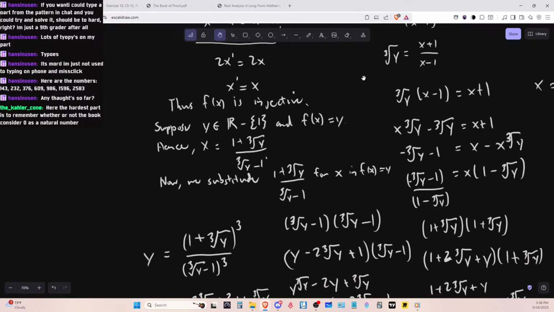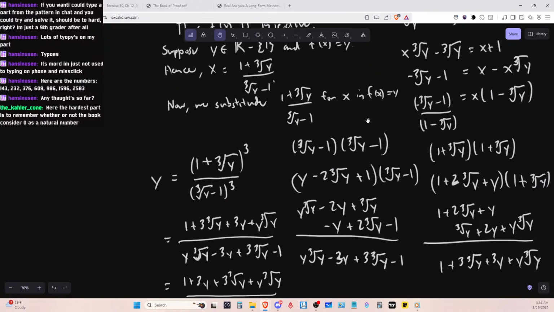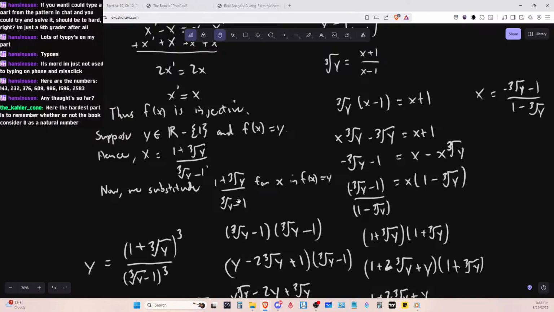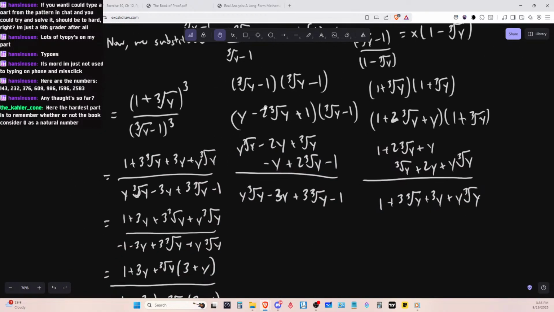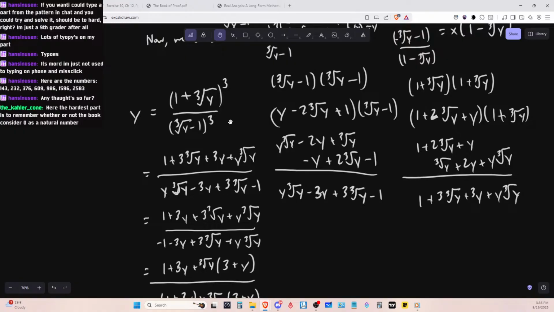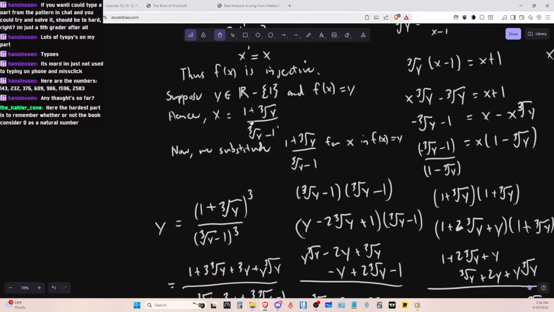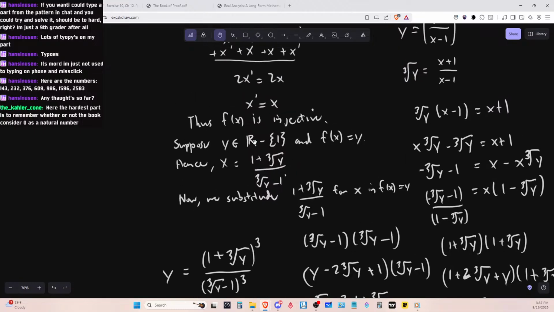I was trying to prove that it was surjective, but I didn't realize that to prove it's surjective, I didn't need to prove that y equals y. I had basically supposed y exists in the real numbers minus the set {1}, and I didn't realize you just had to show that the x in f of x is equal to something that's not 1.